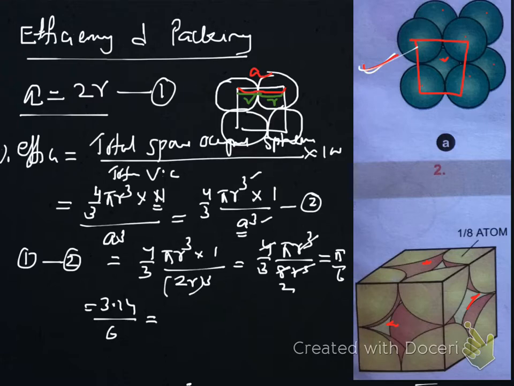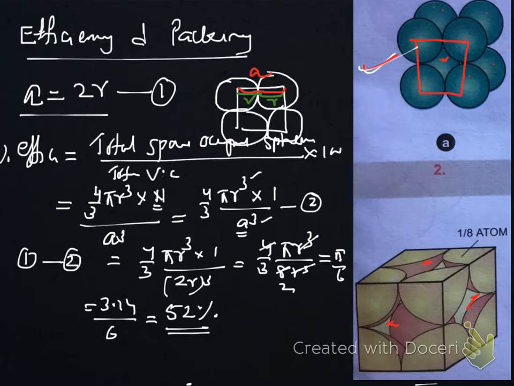It is somewhat greater than 3. 3.14 by 6 is around 52%. This is the efficiency of which kind of arrangement? Simple cubic arrangement. Efficiency is 52%.